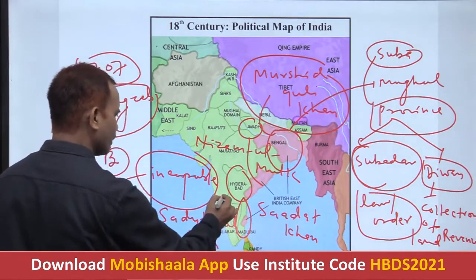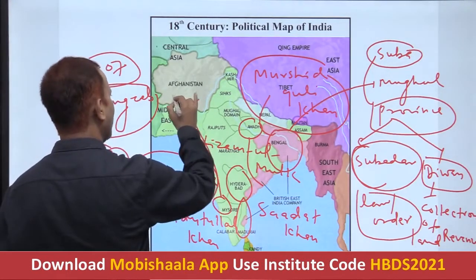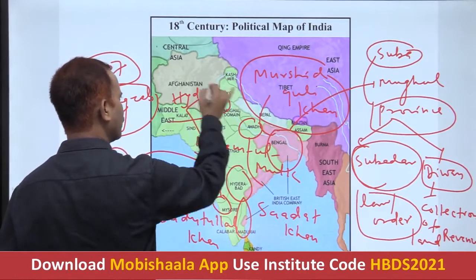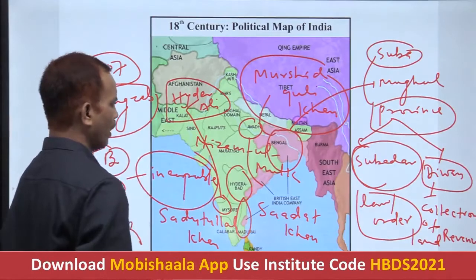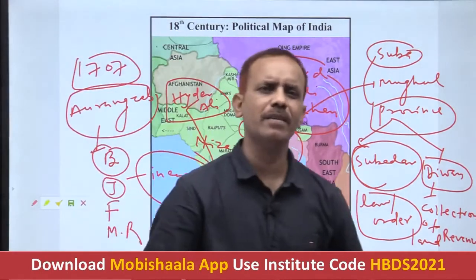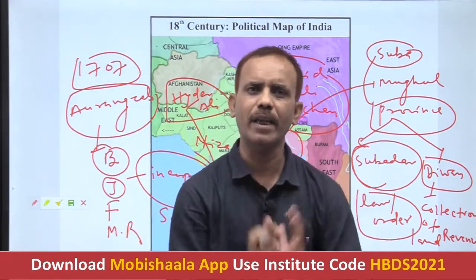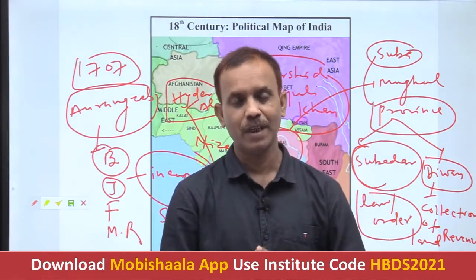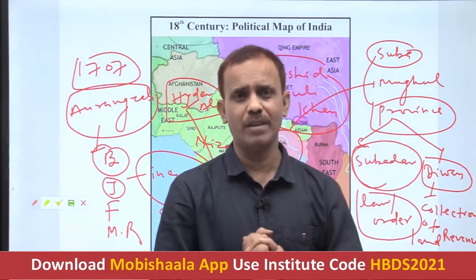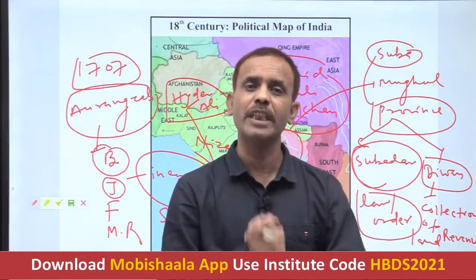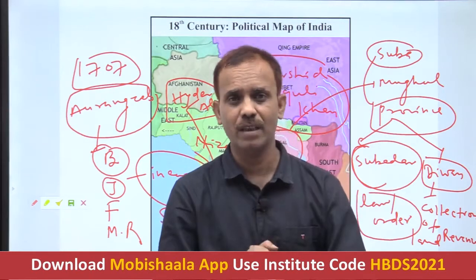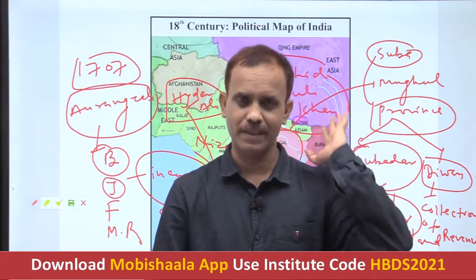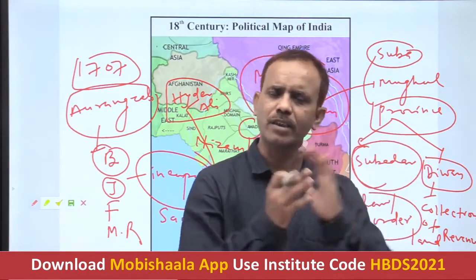In Mysore, Hyder Ali, and later on Tipu Sultan. It means Mughal Empire became a collection of various semi-independent states. And all these states were autonomous, semi-independent, but still they maintain the symbolic sovereignty of Mughal Empire. Okay. Let us come to the point.